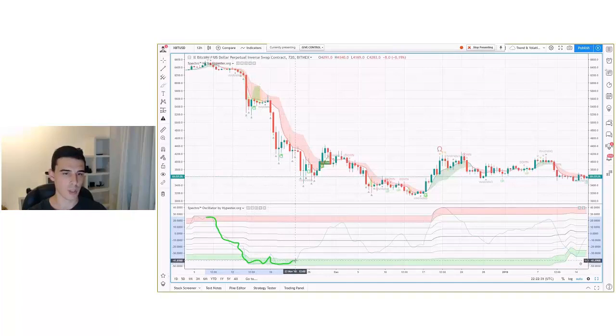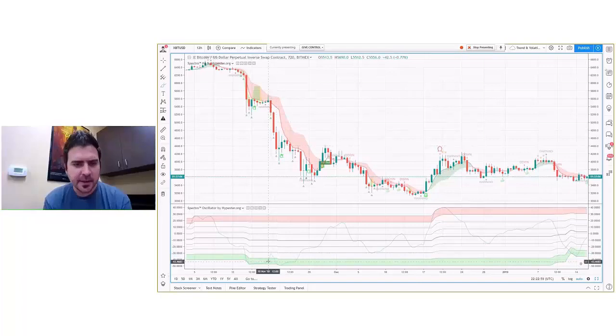This is an area that a lot of people would ignore, but when it moves out of the oversold area, for me it's one of the triggers for buying in. You see, it dipped down in the green, but then it popped its head out.